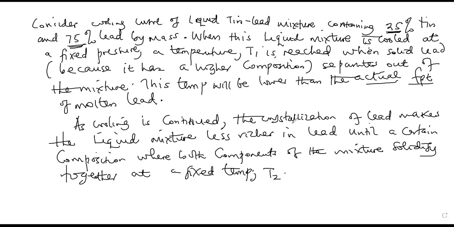It becomes less rich in lead until a certain composition where both components solidify together. The composition of lead has become equal to the composition of tin, and as a result, they can both solidify together at a fixed temperature that we are calling T2.